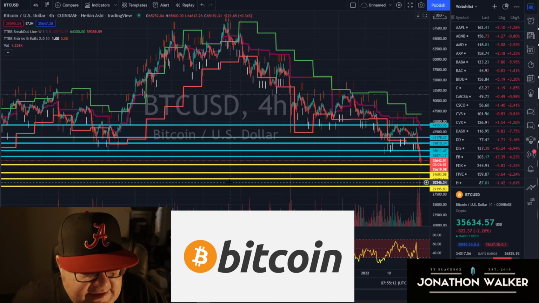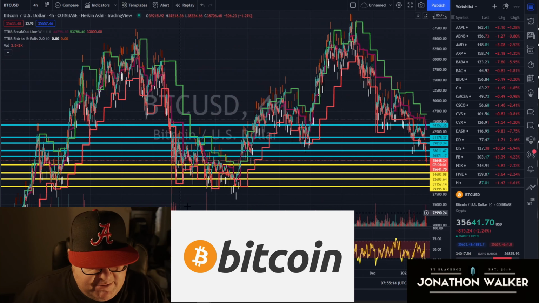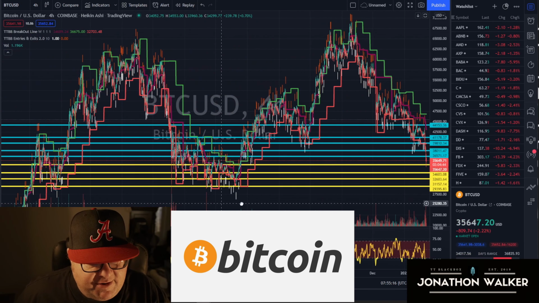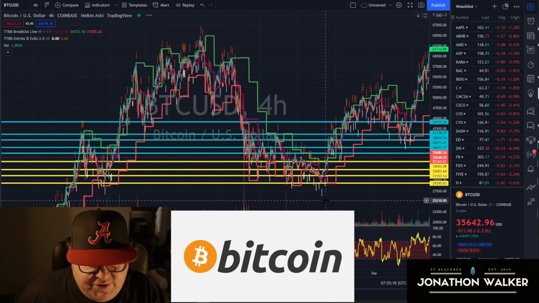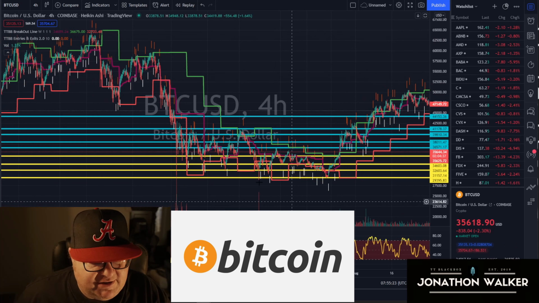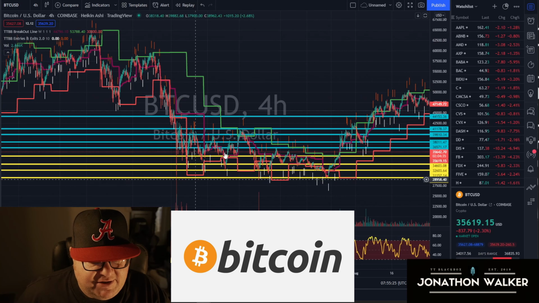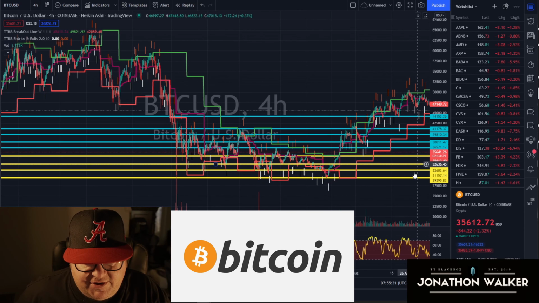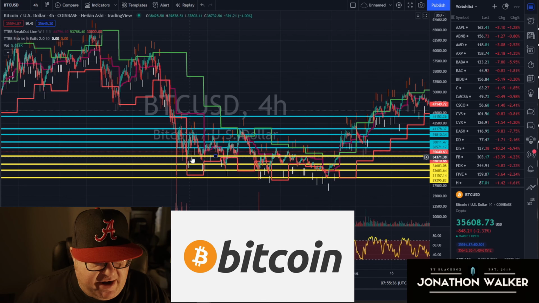Now, I'm not saying it's going to go to those ranges. I'm just telling you that if it continues on the path that it is, those are the ranges I'm looking for based off repetitive price action. So you can see back in May, June, and July, these first two yellow lines, 34.6 to 32.6, it bounced around in those ranges.